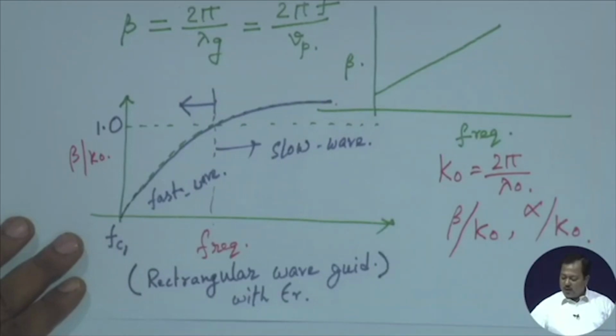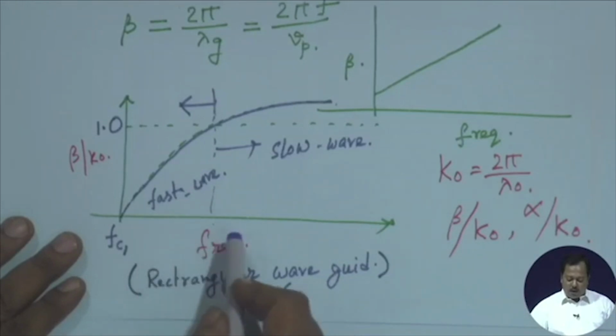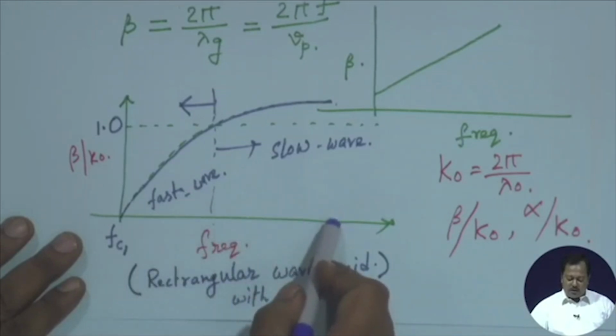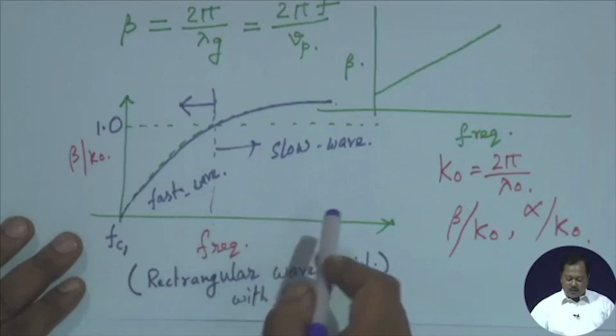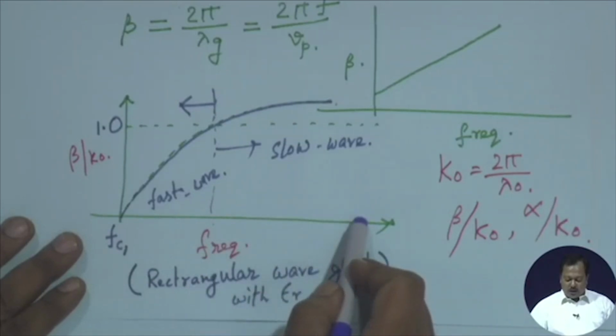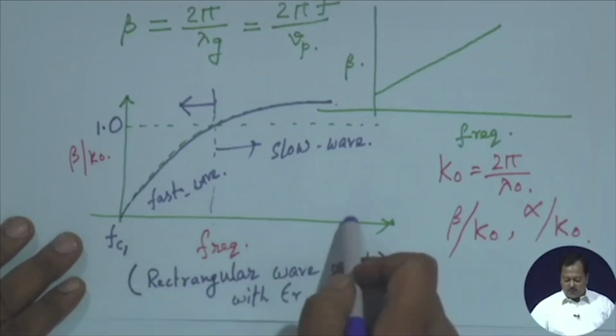We have so much information: what is the cutoff frequency for this given guiding structure, what is the frequency range over which it behaves as a fast wave, what is the frequency range over which it behaves as a slow wave structure, and how dispersive this line is.